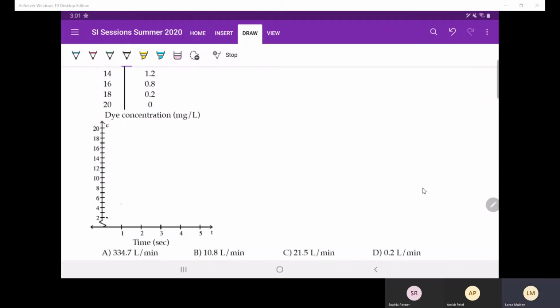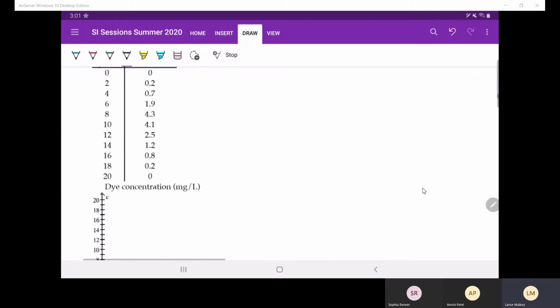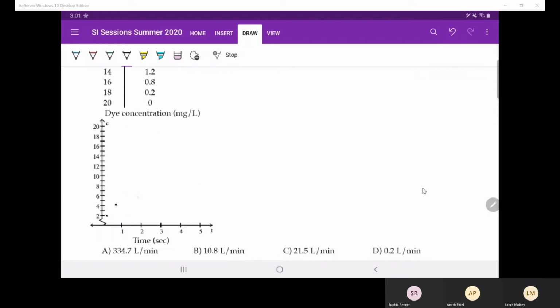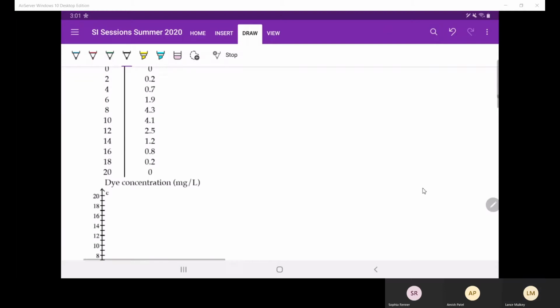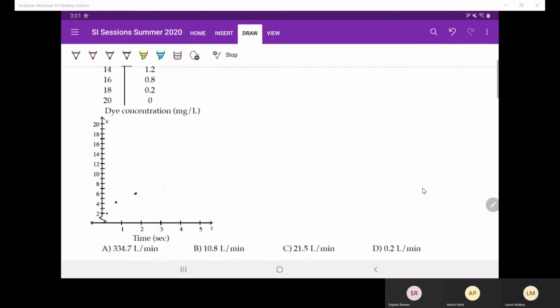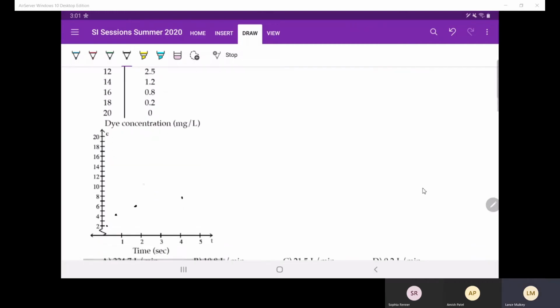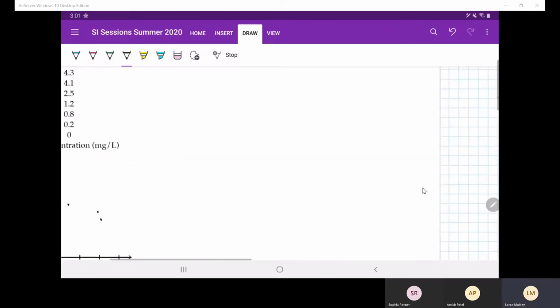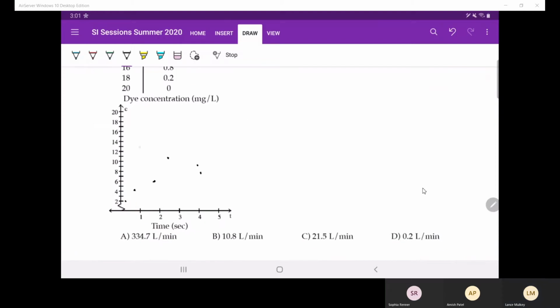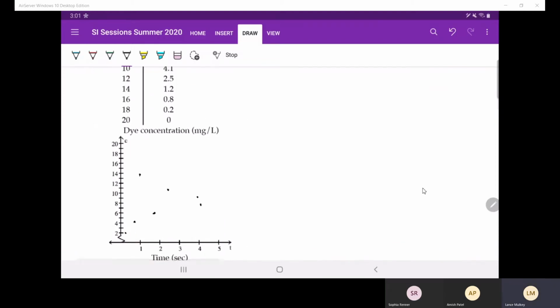At 4 seconds, it's 0.7. 6 seconds, it's 1.9. 8 seconds, it's 4.3. 10 seconds, it's 4.1. 12 is 2.5. 14 is 1.2. 16 is 0.8. 18 is 0.2.